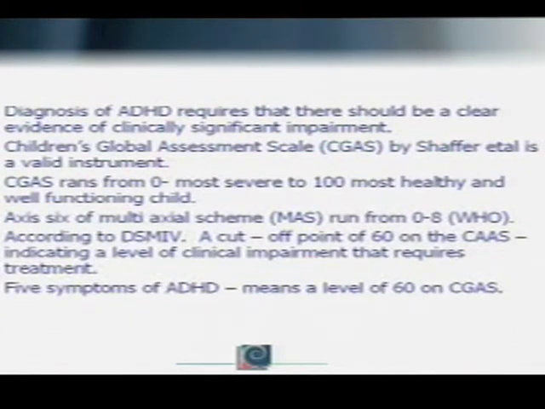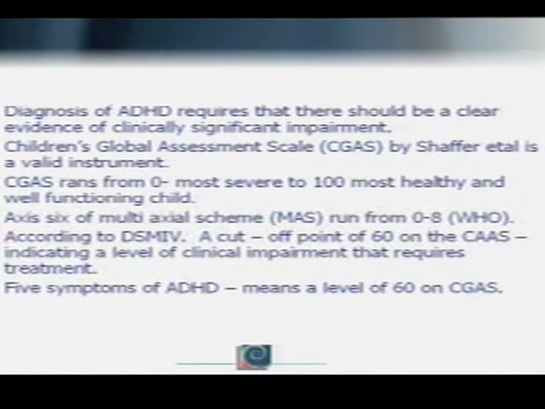For those who are, I don't know if you're familiar with the CGAS, it's a scale where, after you do the assessment in all of the child's living spheres, you rate him from 0 to 100, with 0 being the most sick and 100 the most healthy child.